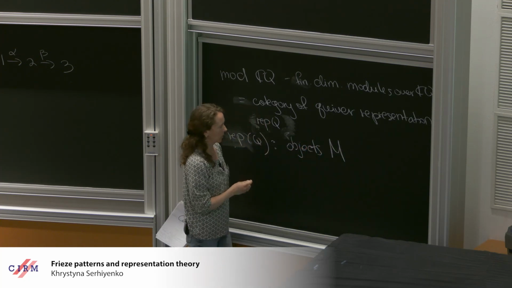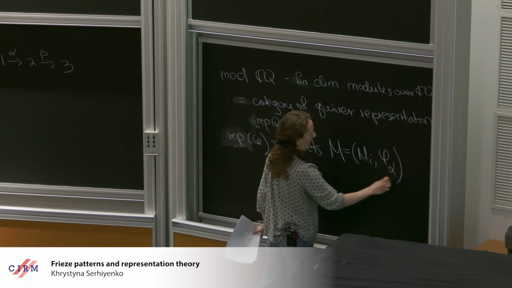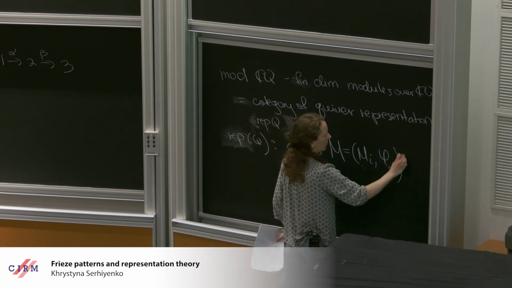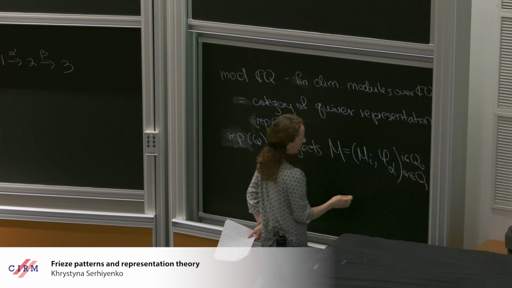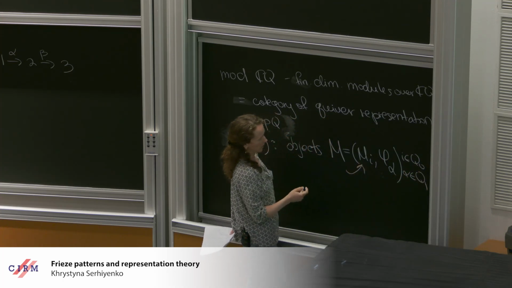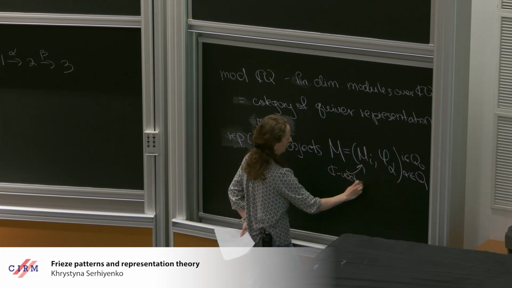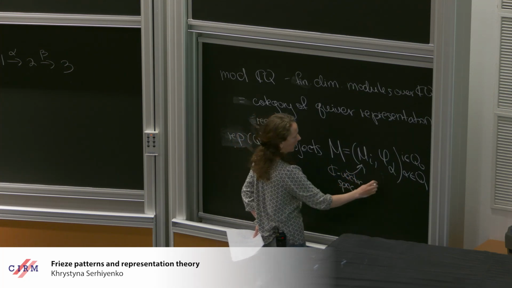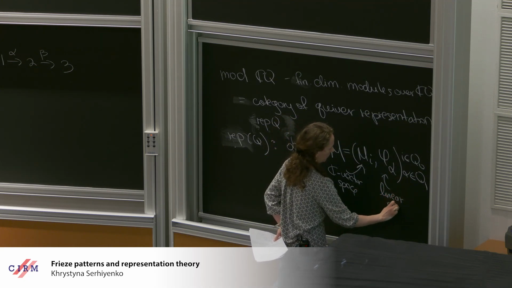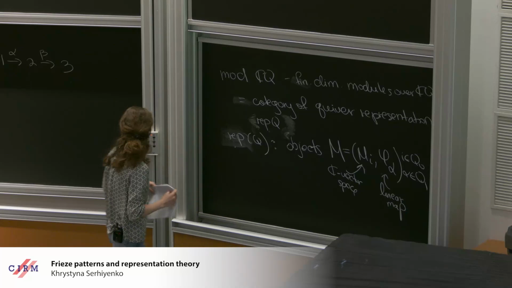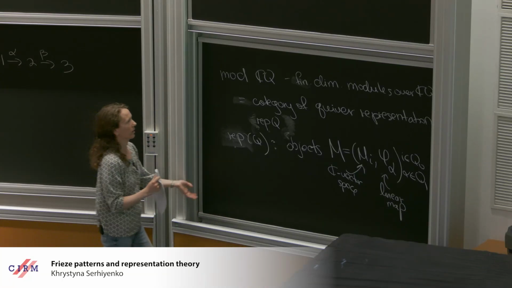A quiver representation is an object M, which is a collection of M_i and phi_alpha, where i is a vertex and alpha is an arrow. So what is this M_i? M_i is a finite dimensional C vector space, and phi_alpha is a linear map.